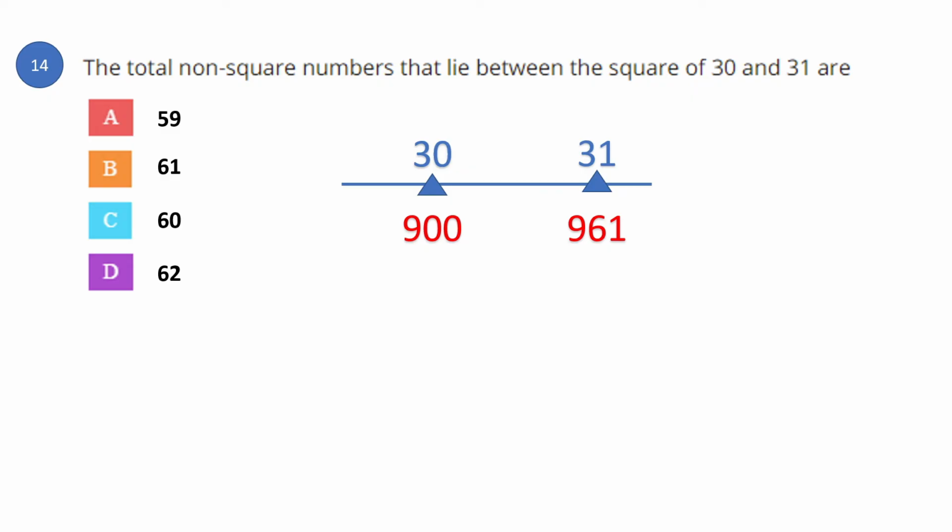And we need to find the numbers between 900 and 961 which are non-square. If there were any number in between 30 and 31, its square would have been the next square number, but it is missing. So the total number of non-square numbers between this is from 901 to 960, which is 60 numbers. So your answer is option C.